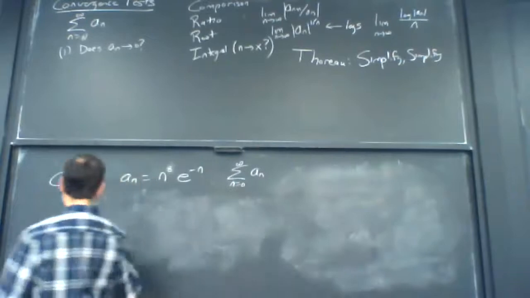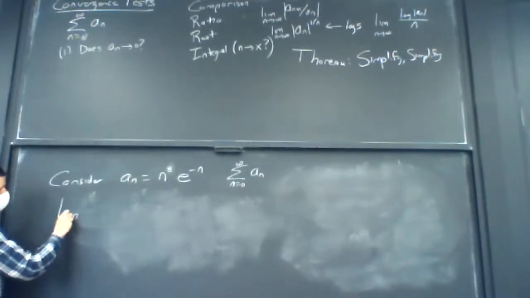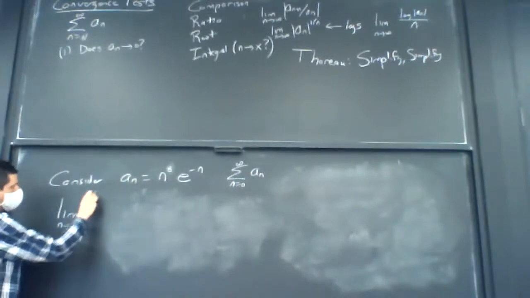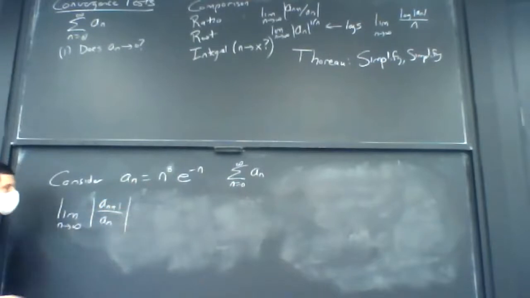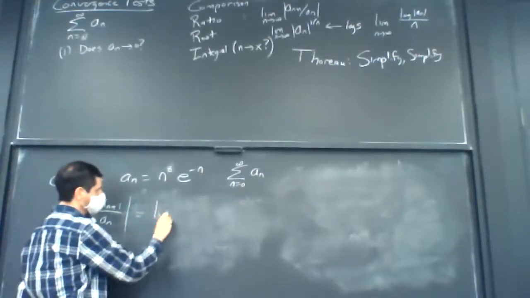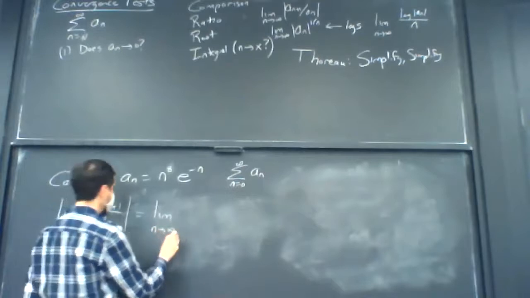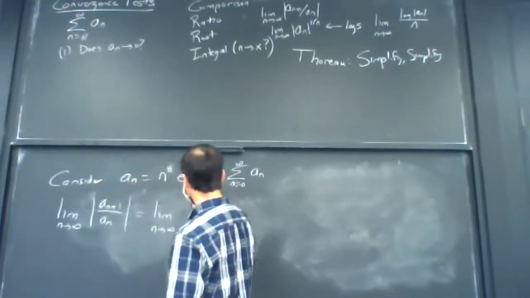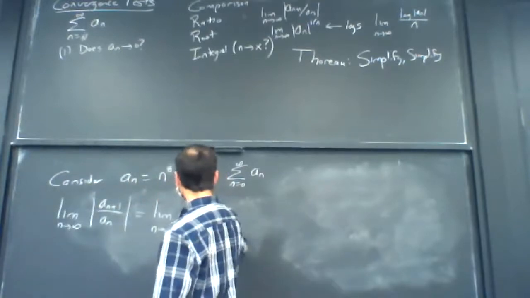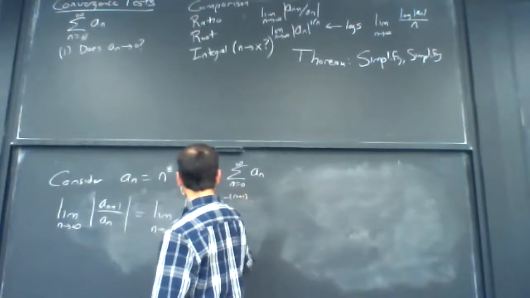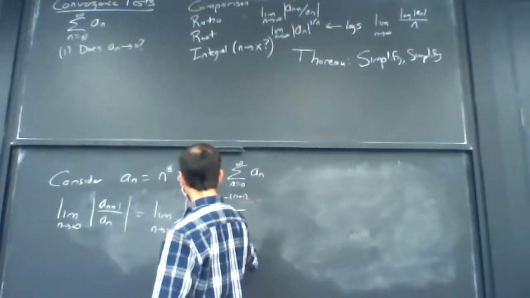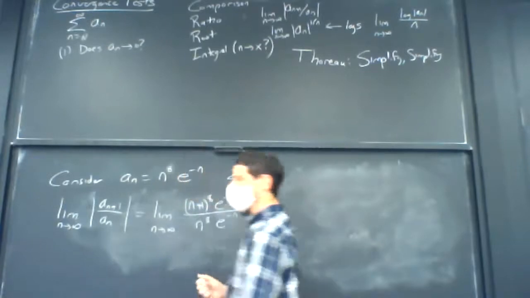So let's look at the limit as n goes to infinity of a_{n+1} over a_n. I always like starting by writing explicitly what we're looking at. And so this will be the limit as n goes to infinity, a_{n+1}, so it'll be (n plus 1) to the 8, e to the negative (n plus 1), divided by n to the 8, e to the minus n.